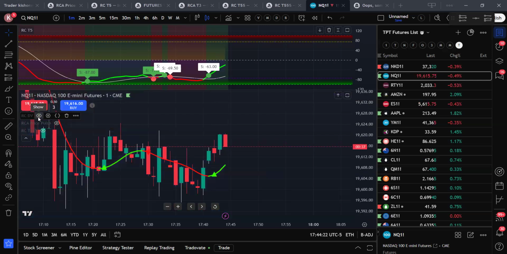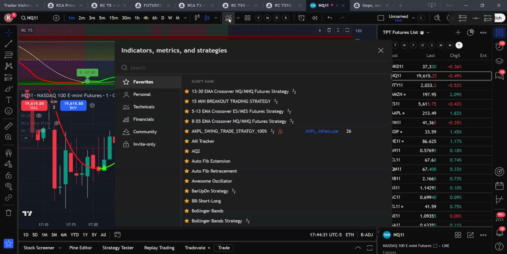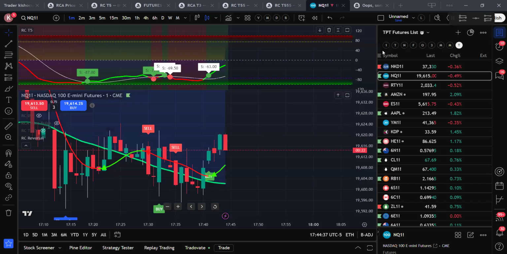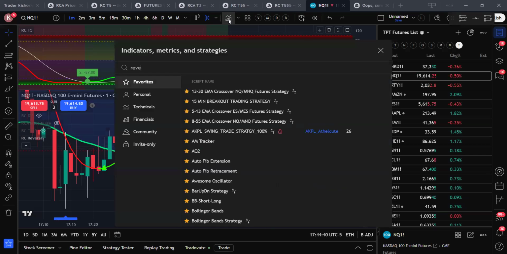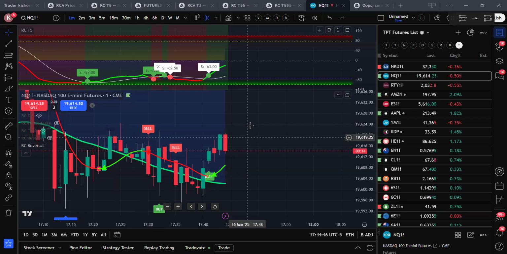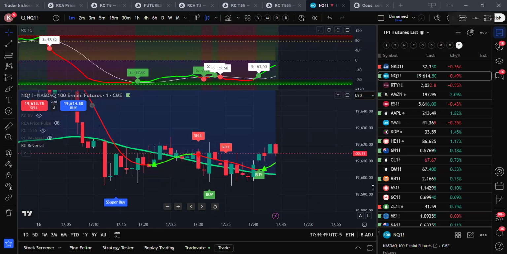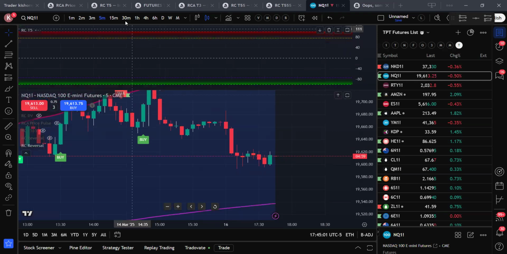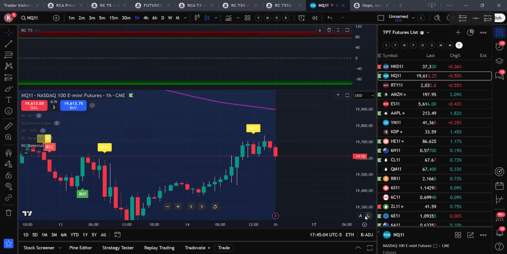Then another thing which we did is for the reversal. As I said, the reversal indicator you can use in whatever time frame you want, but if you are more of a swing trader, this will help you.